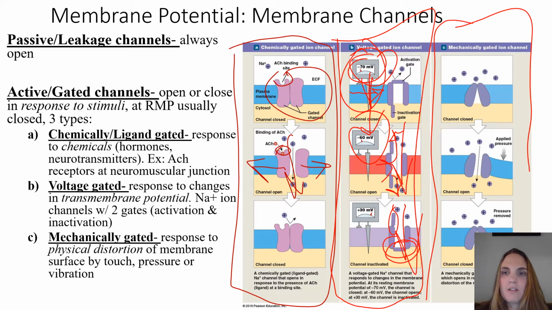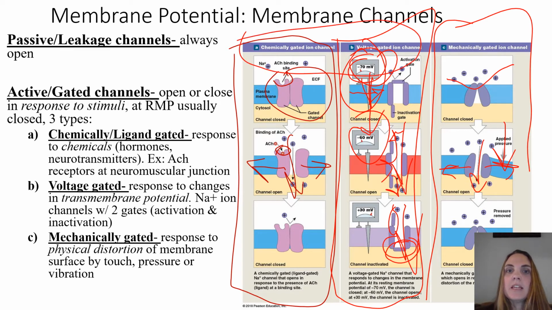Somebody pushes on our skin, on our hand, and that touch distorts the cell membrane, and that distortion of the membrane as pressure is applied then opens the mechanically gated channels and the ions can flow through. In this unit, we are mainly going to be discussing the chemically gated and voltage gated channels. Those are the channels that are involved in our transmission of impulses down a neuron.